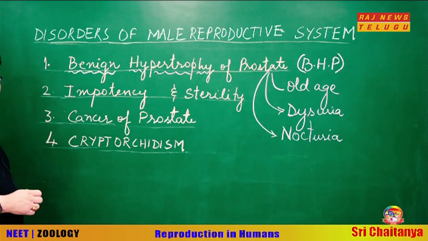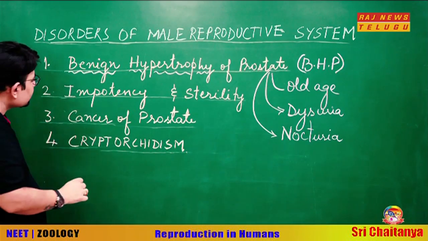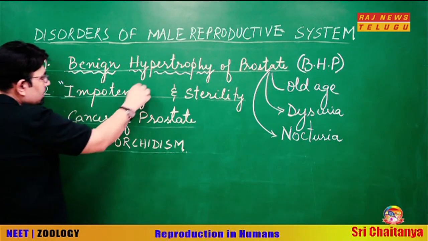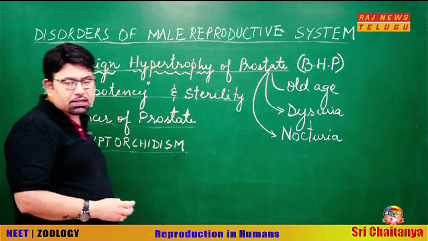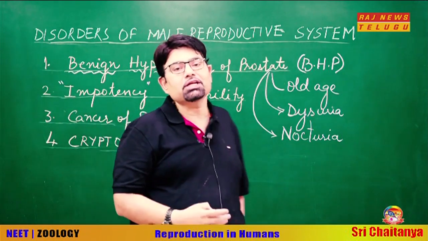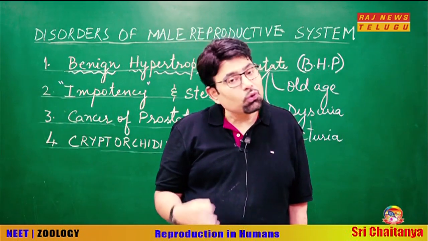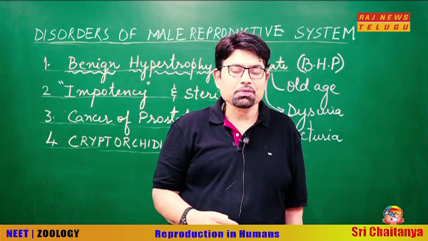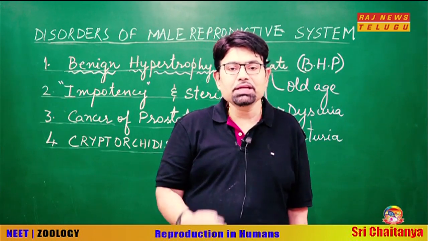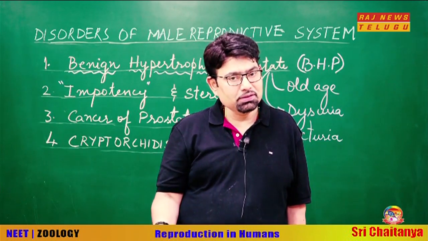Impotency and sterility. Let's compare these two terms. Impotency means the inability of a man to hold an erection, so that insemination is not possible.